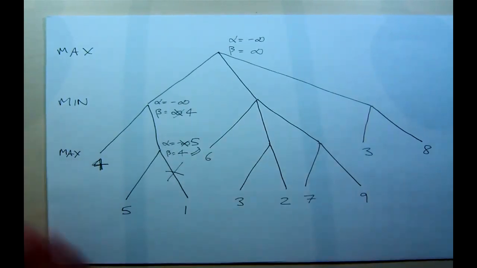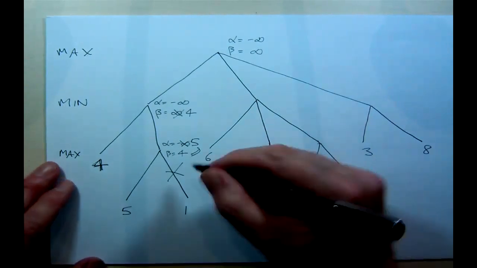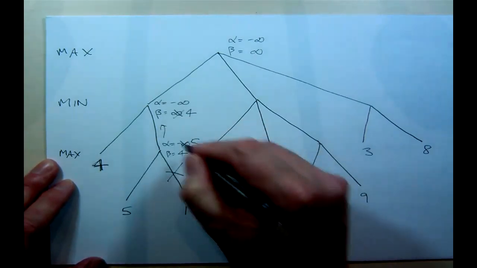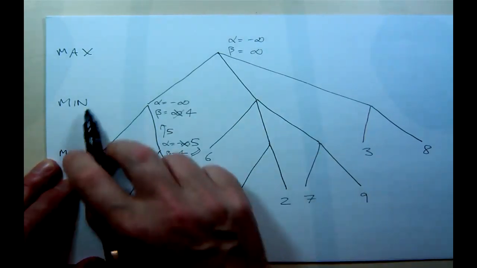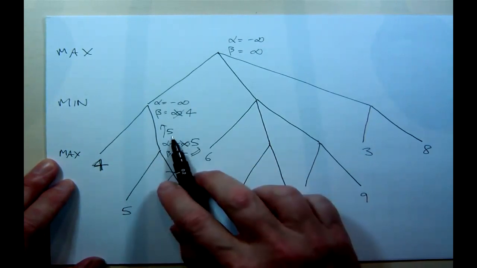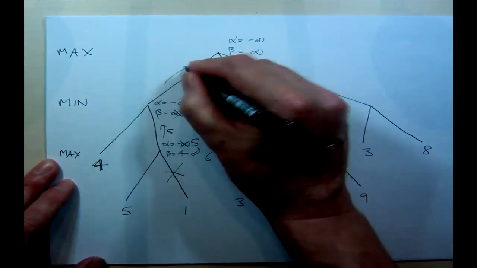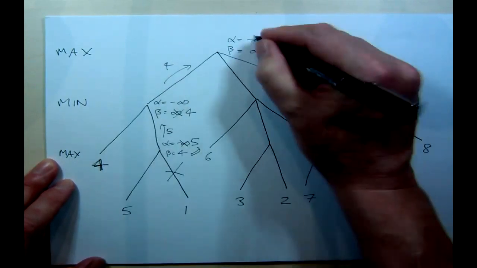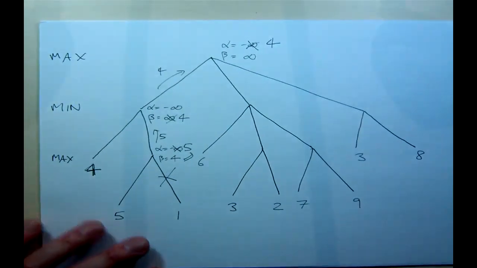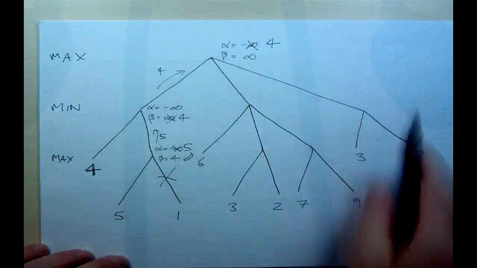So we say that we cut this off and we don't need this node. Now, because it's max, the value that's passed up the tree is alpha. So from Min's point of view, it's changing beta, but this 4 is already better than 5, so it keeps the 4. And the 4 gets passed up the tree, and alpha gets changed to 4. Okay, and then we continue on the other branches.